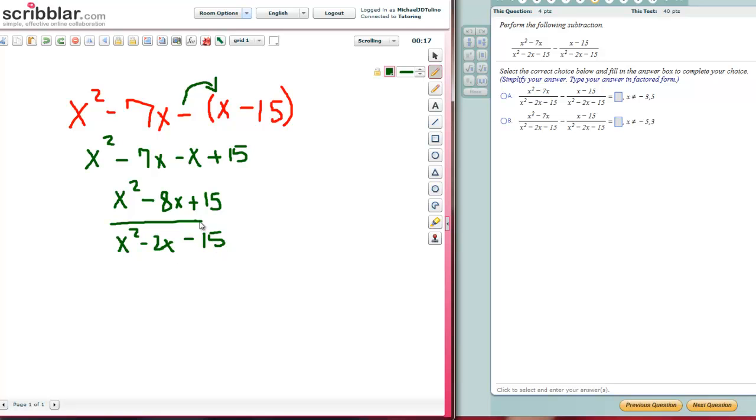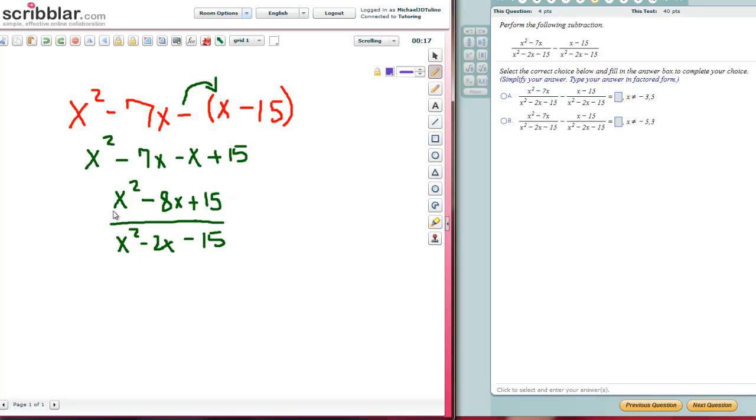Okay. So now from here, this is more of a traditional classroom moment. I do see students make this mistake. What they do here is they see that 15 on the bottom and the 15 in the numerator, and they think they can cancel these out. That's incorrect. Now, if it was a fraction in and of itself, yes.